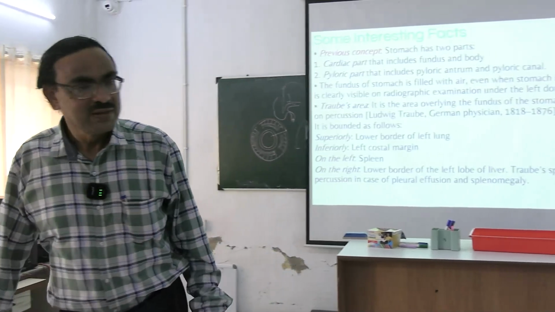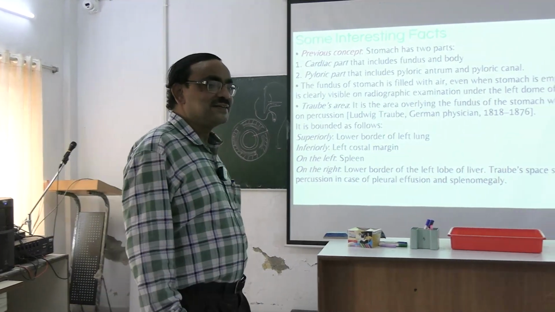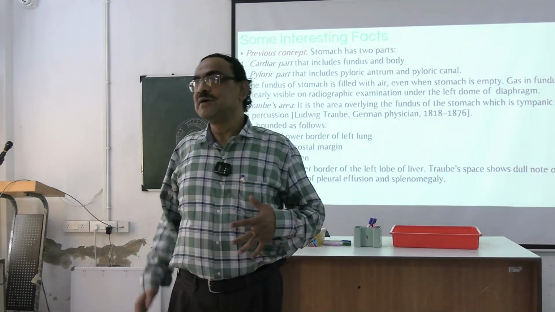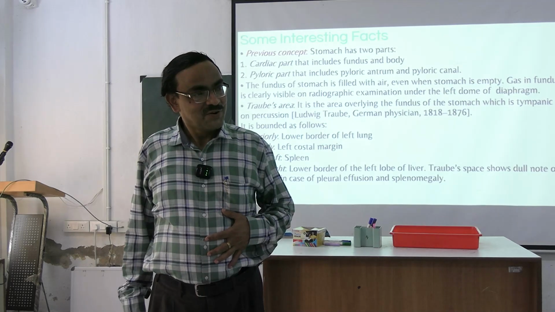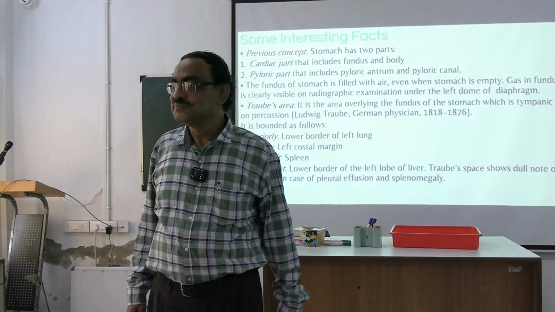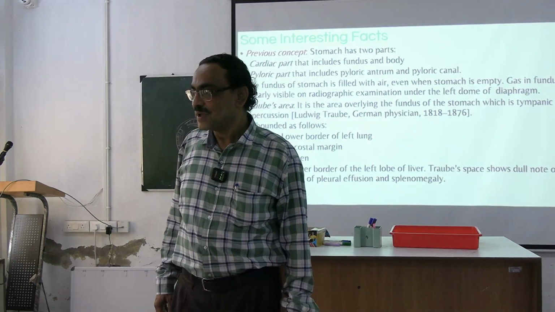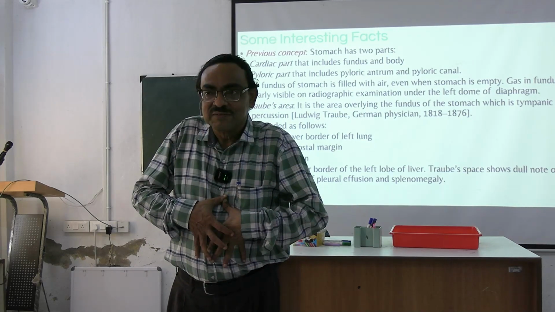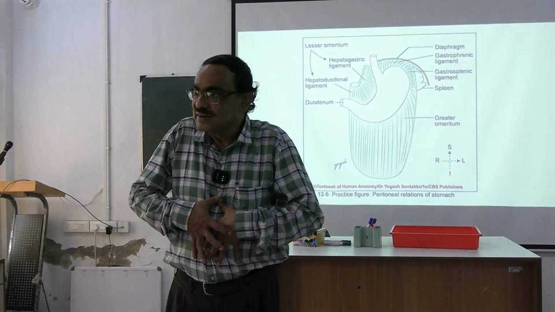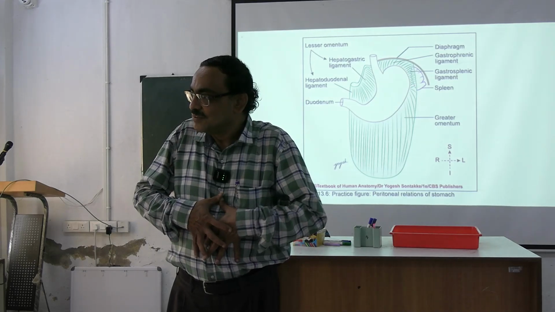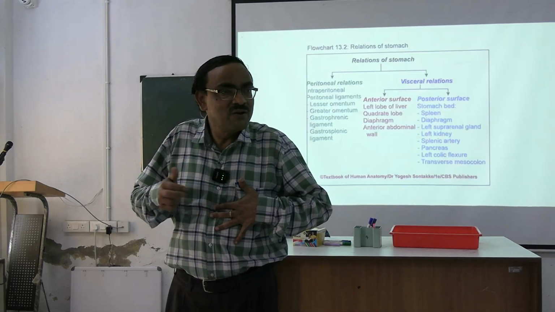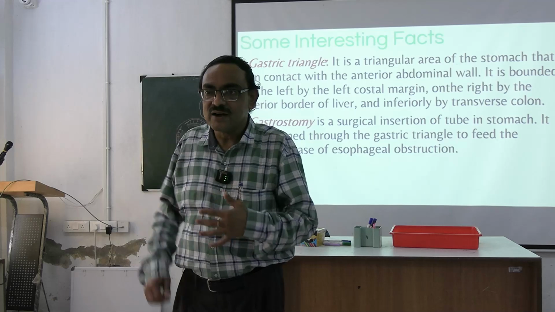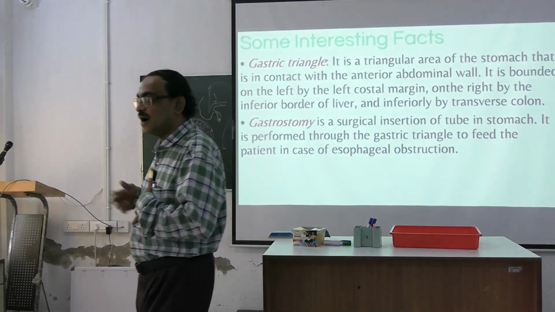Okay. And if there is enlargement of the liver or enlargement of the spleen, anything can happen. It can come and cover this area. So here we will not get the tympanic sound, rather we will get a dull sound.